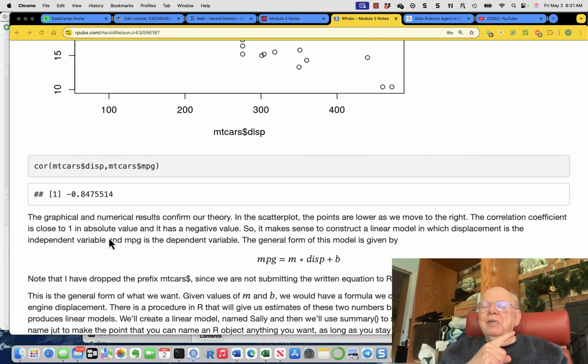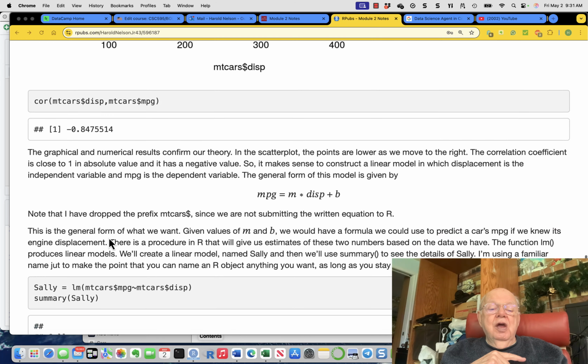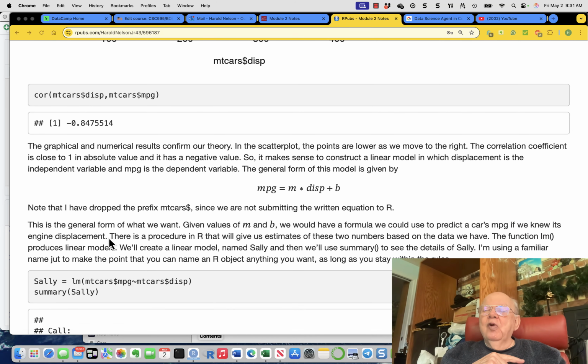Okay, we're going to go a little bit deeper with the two quantitative variables. And you all remember y equals mx plus b, I hope. Well, what we're going to do is try to create a linear relationship between displacement and miles per gallon. So instead of y equals m times x plus b, it's mpg is m times displacement plus b.